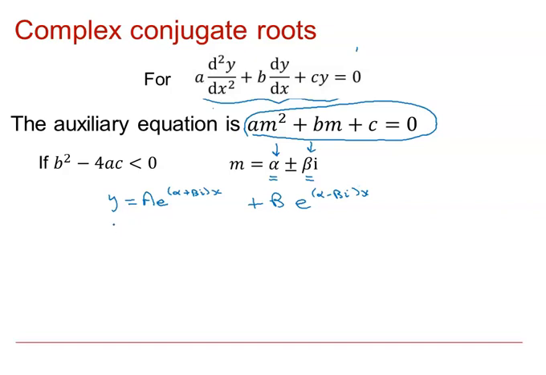If we use our laws of indices now to rewrite this as A e to the alpha x times e to the beta x i, and likewise here B times e to the alpha x times e to the minus beta x i.